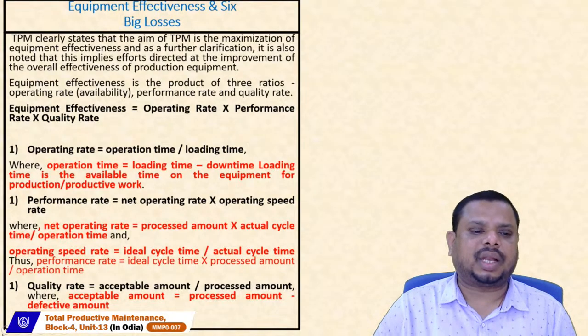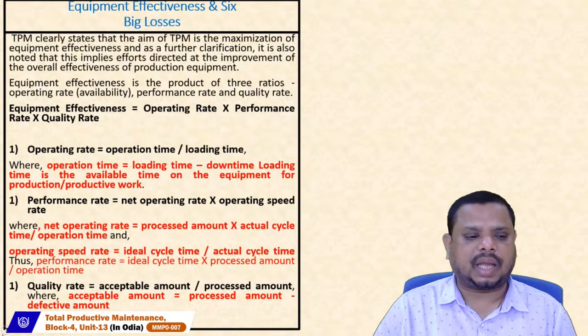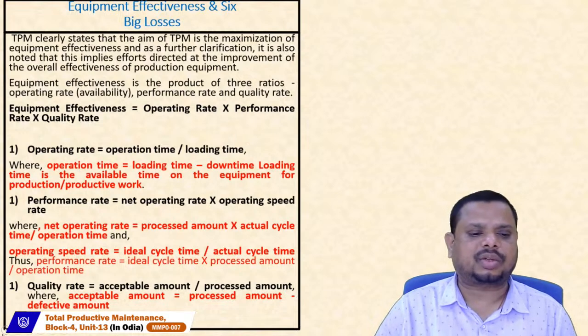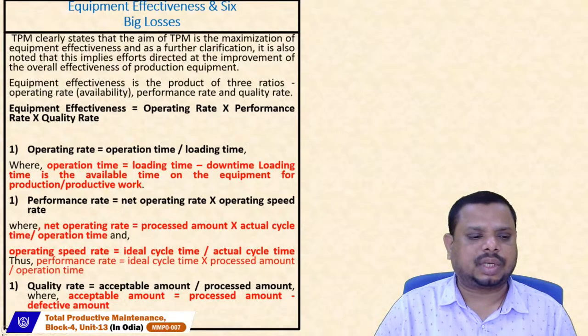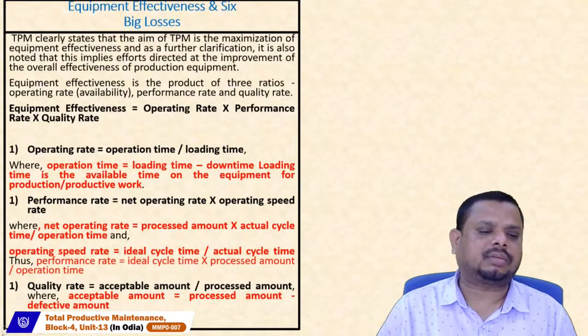Here the net operating rate equals process amount times actual cycle time divided by operating time. And the operating speed rate equals ideal cycle time divided by actual cycle time. Similarly, performance rate also equals ideal cycle time times process amount divided by operating time.